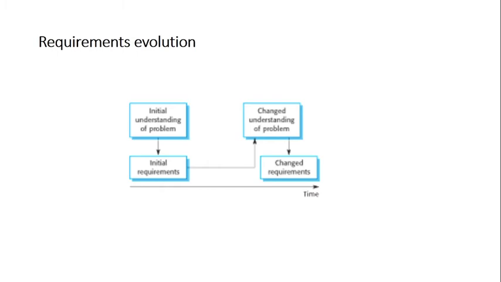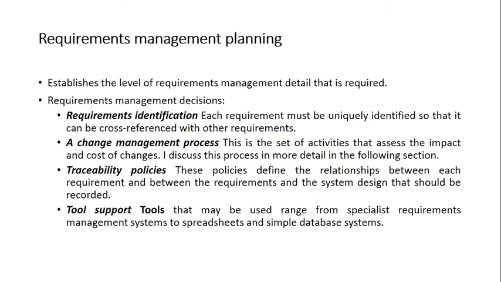So again you try to understand the problem with that change. So it keeps on evolving. You have the problem, we gather the requirements. With time the requirements might change, or the problem might change. So ultimately you have to evolve, you have to change your requirements now and then.